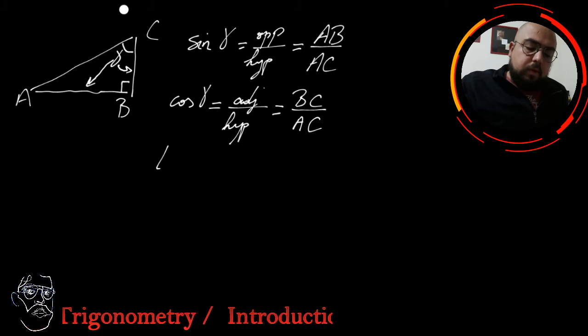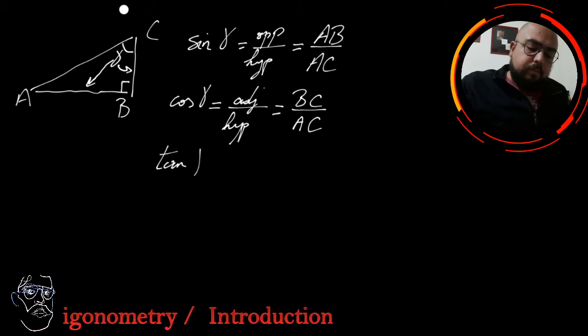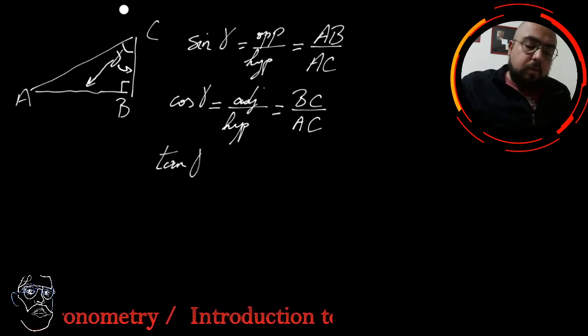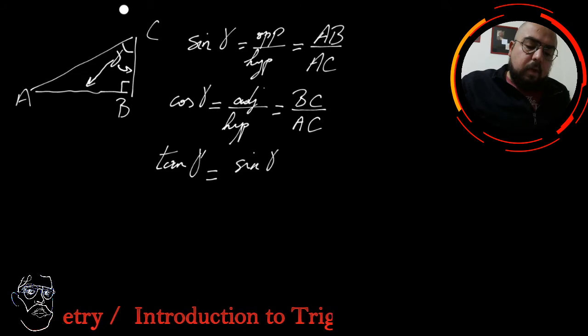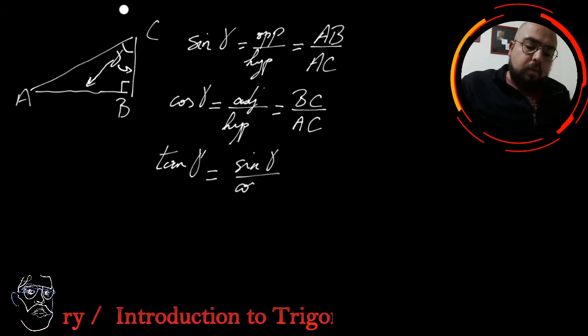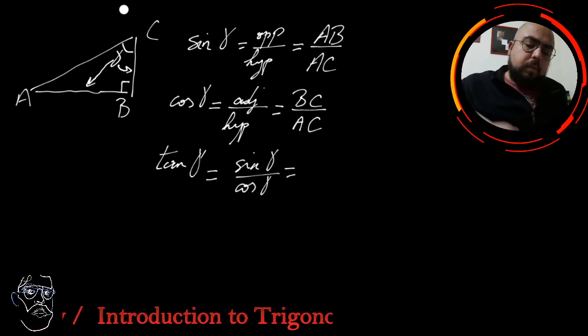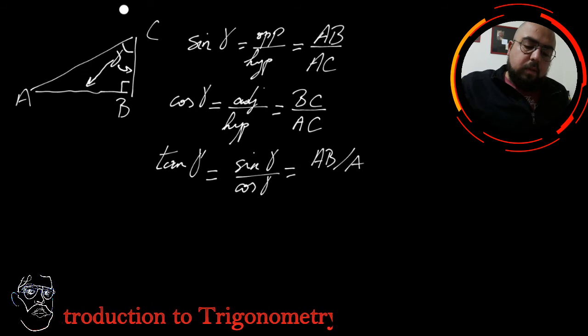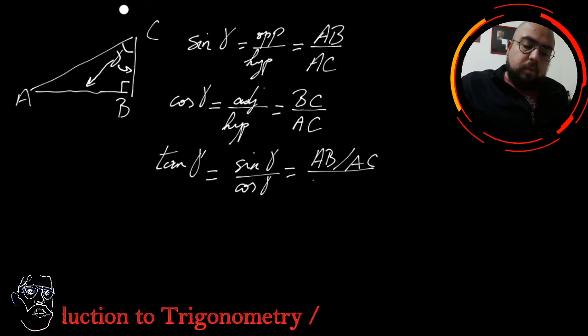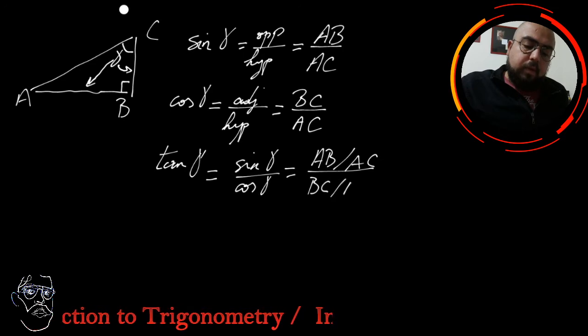What about the tangent? Tangent gamma is simply sine of gamma over cosine of gamma. So you simply say it's AB over AC, the whole fraction, over BC over AC. Here AC and AC cancel out.